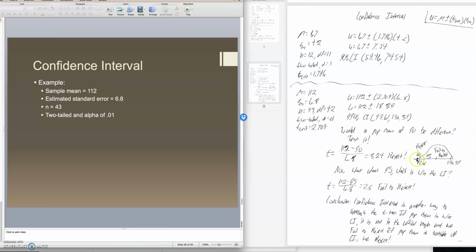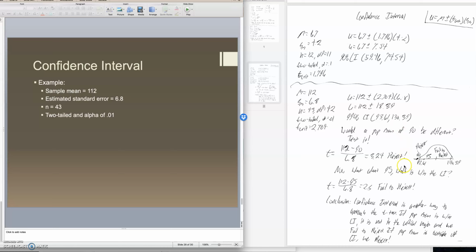And so it looks like this, that 90 is in that shaded area, that reject region. So if we were comparing using this confidence interval a sample mean of 112 to a population mean of 90, this would be significantly different. Okay? Again, 90 is outside of that confidence interval. It's outside of it, significantly different.